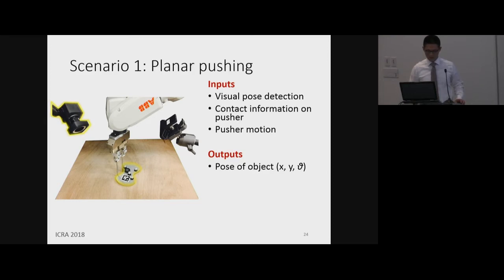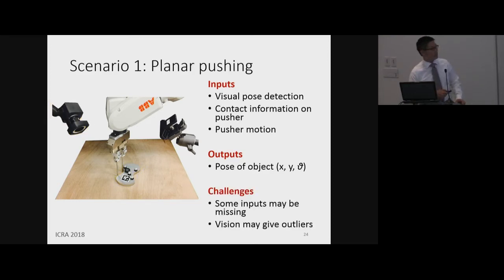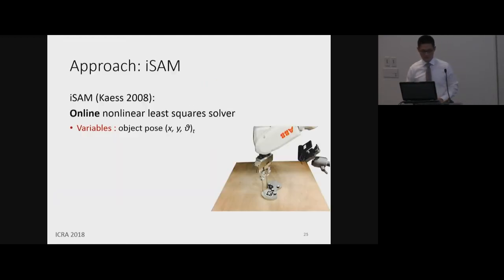The key challenges here include that there may be missing inputs. If the camera cannot see the object, if there is occlusion happening, then we don't have camera measurements. And if the pusher is not touching the object, then there is no tactile sensing. And vision sometimes will give outliers when there is lots of noise.